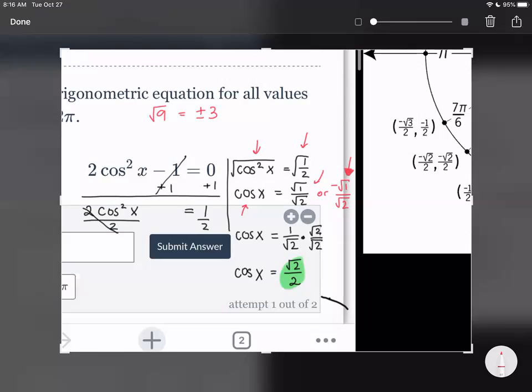Okay, so from here, we still need to do the multiplying by radical 2 over radical 2. This would give us negative radical 2 over 2. So let's also look for when cosine is negative radical 2 over 2.